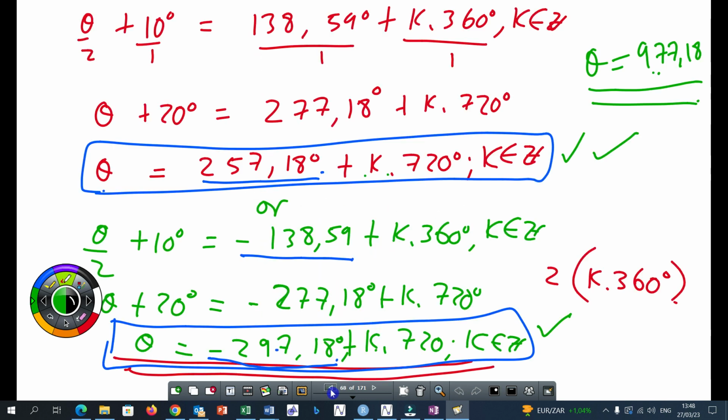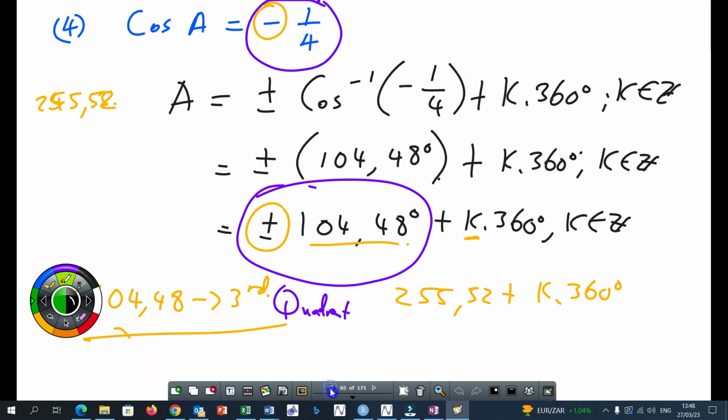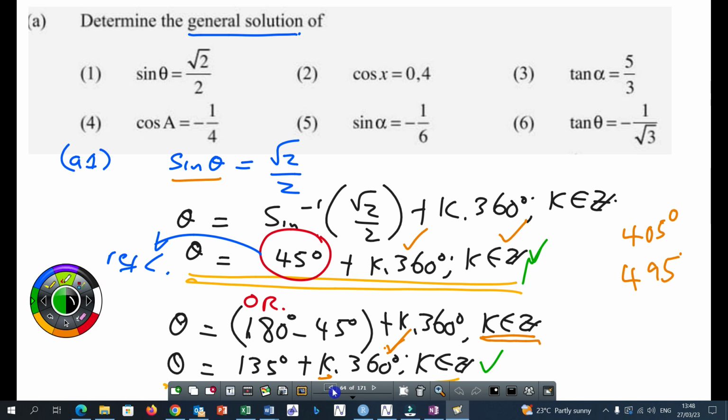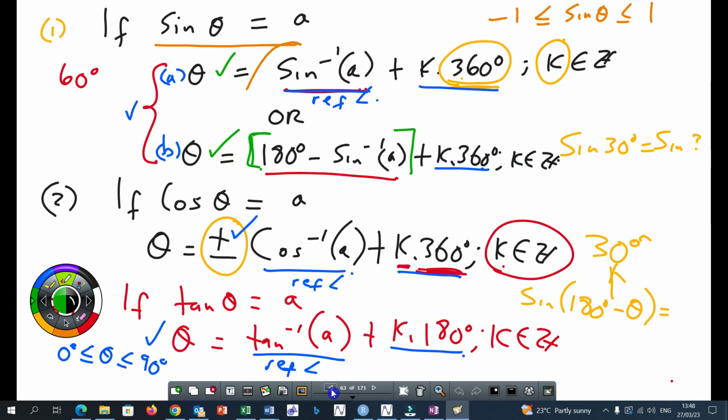Right? This formula, listen. I spoke about this last time. When I first introduced the general solution, I told you need to memorize these two for sine. There are two general solutions for sine. Whether the ratio is positive or negative, these two will cater for both cases.